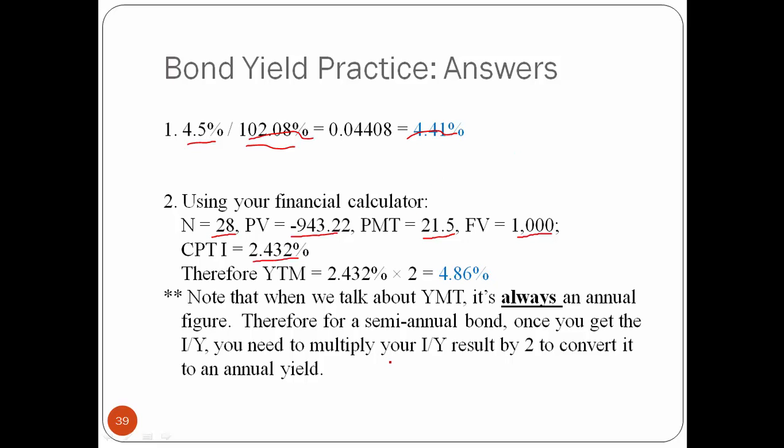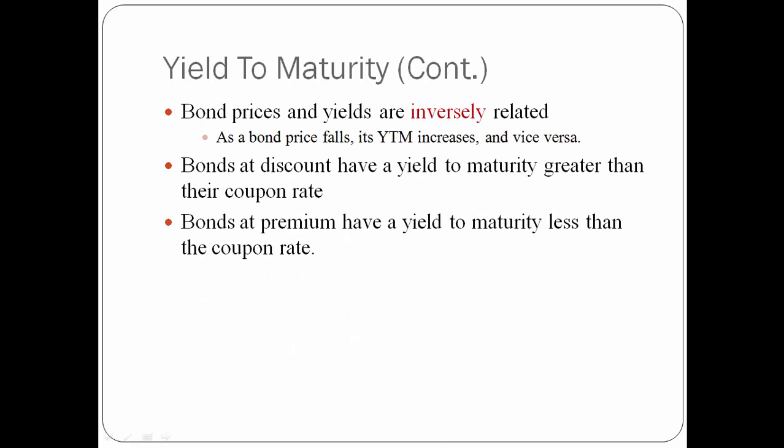Okay, so when we talk about yield to maturity, it's always an annual figure. So whenever you get a result from your semi-annual coupon bond, your result is for 6 months, and you always want to convert it into a 12 months figure, or say annual figure, simply by multiplying this number by 2. Okay, and that 4.86% is your annual yield to maturity.